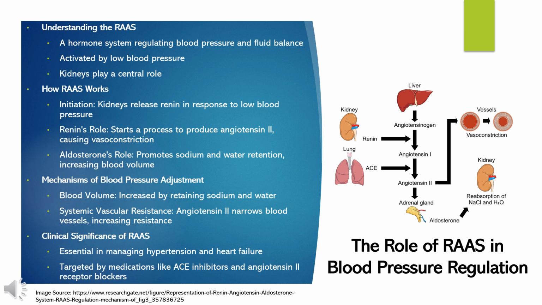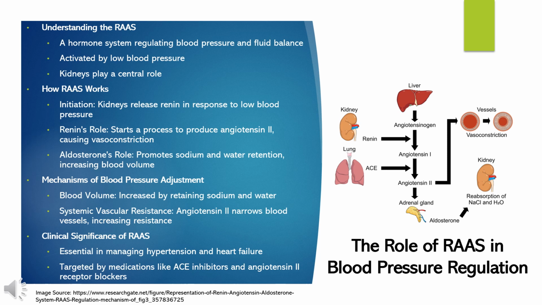Vasoconstriction means narrowing of the blood vessels. This raises blood pressure. This cascade also leads to the production of aldosterone, a hormone that signals the kidneys to retain sodium and water. The retention of sodium and water increases blood volume, which in turn increases blood pressure.